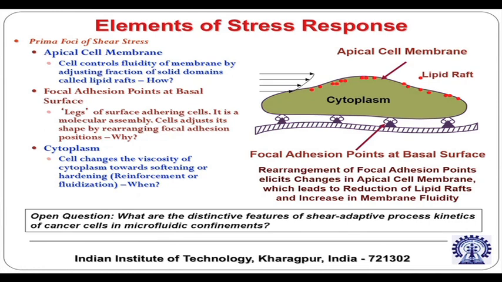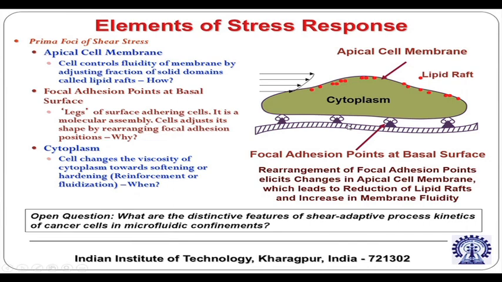In a similar way, a cell sits on a substrate with the help of its own legs, which are called focal adhesion points. Now focal adhesion points on the basal surface are these ones.